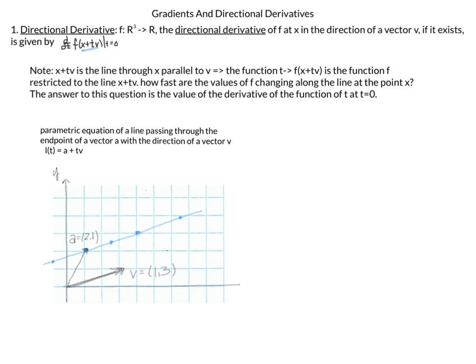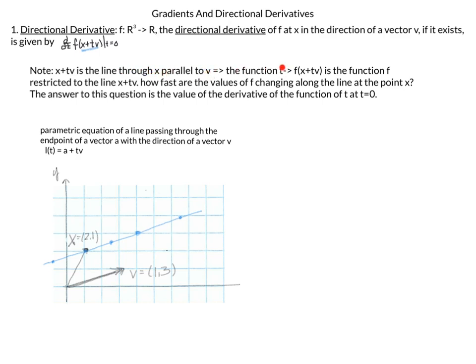So in this example, A is our point on the line here. Up here in this statement, we're talking about x being the point on the line. So maybe I can erase this x and put A. I didn't actually put A because x is the name of the axis, but whatever. So here we have the line through the point x in the direction of v. That's exactly what this is. So x plus tv is the line through x parallel to the vector v.